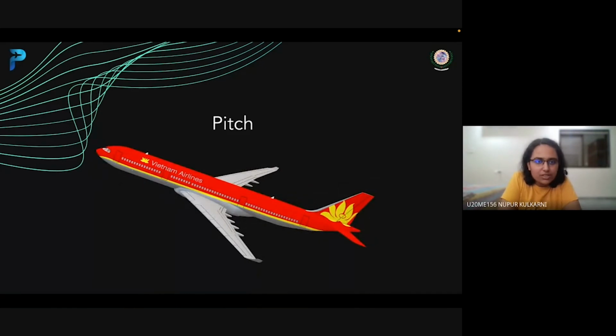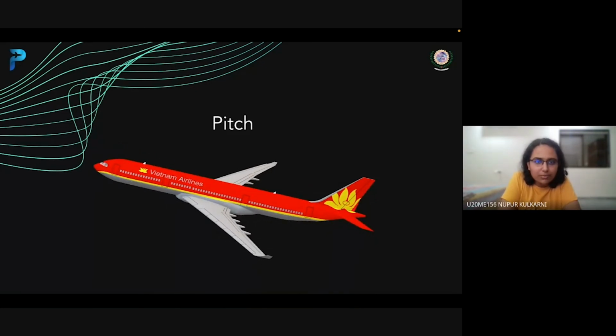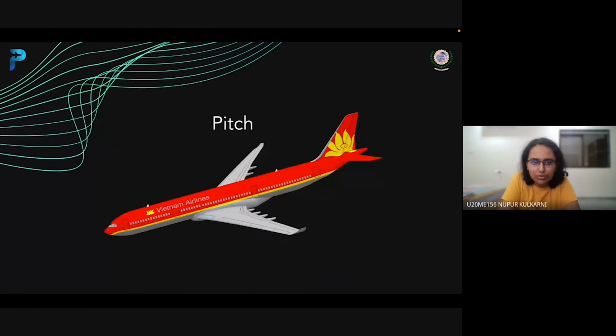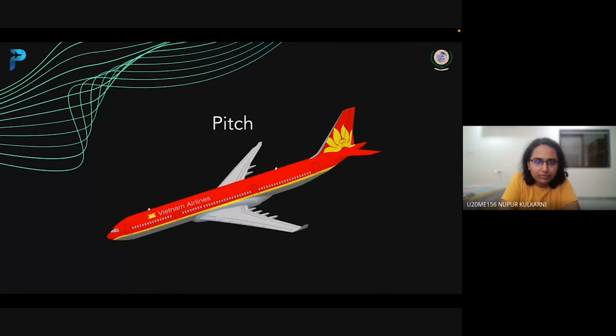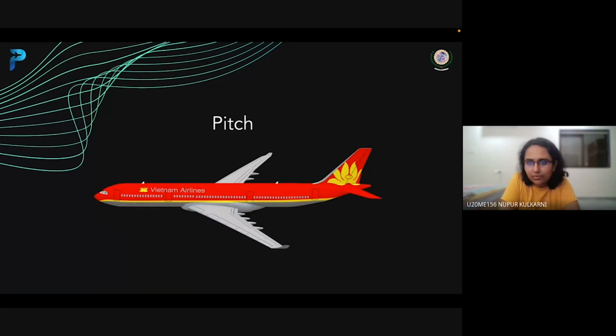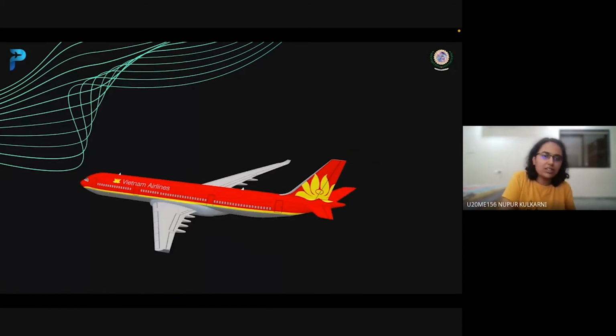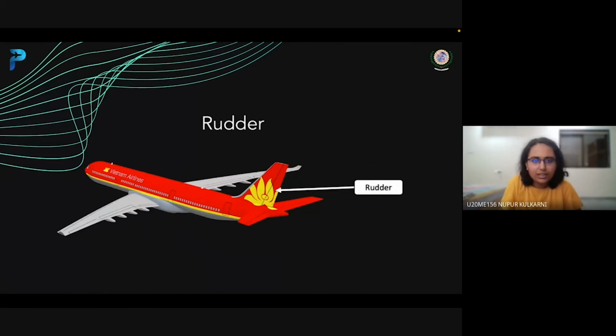This is pitch up, and this is pitch down motion. This pitching moment can be achieved using the elevators.